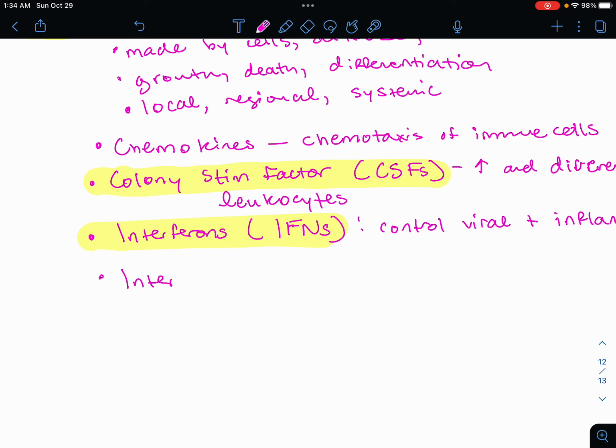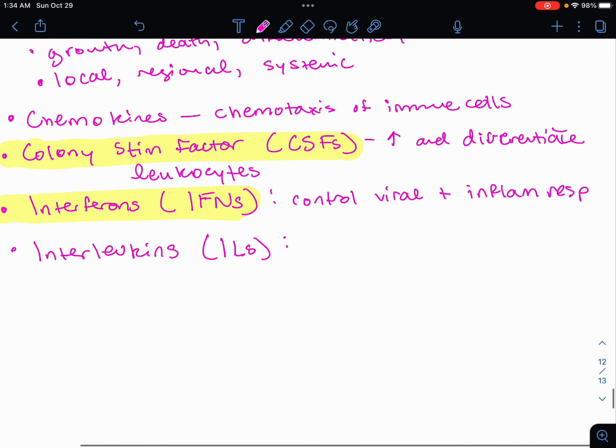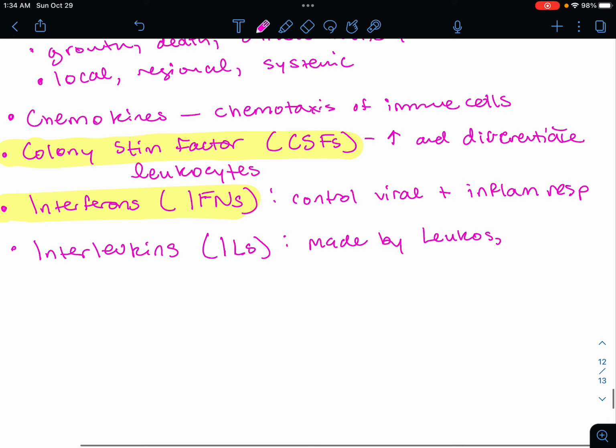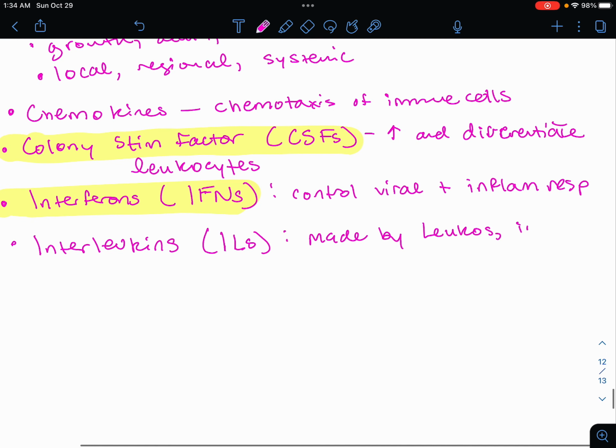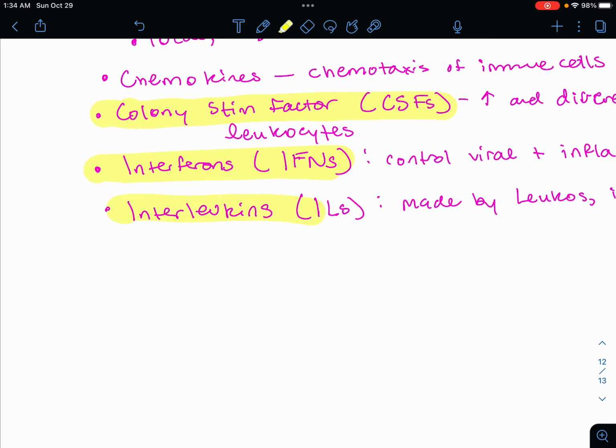Interleukins are also known as ILs. These are going to be made by leukocytes, and these are going to be important in both innate and adaptive immunity. So they're going to be involved in both sides of this system.